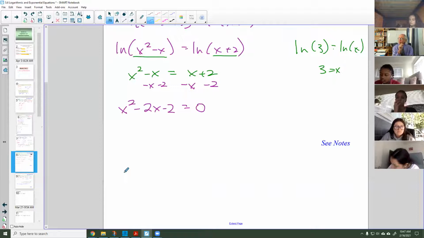Can I factor that? I don't think that's factorable, is it? That's a bummer. What am I going to do? It's not factorable. If it's not factorable, how am I going to solve it?